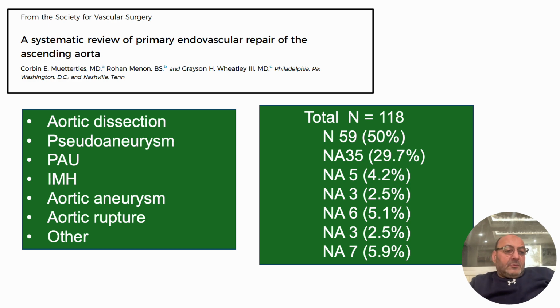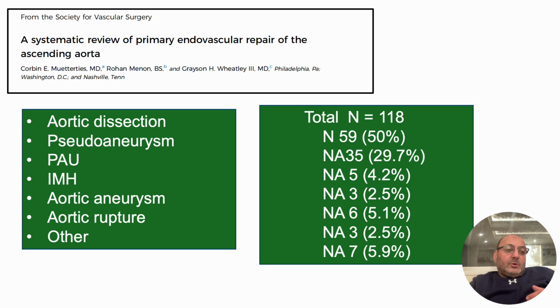The other thing I wanted to say is the improvement in the arch grafts. The two-branch arch grafts are no longer experimental. They're out there. They're commercial in Europe. In the United States, they're still in trial.